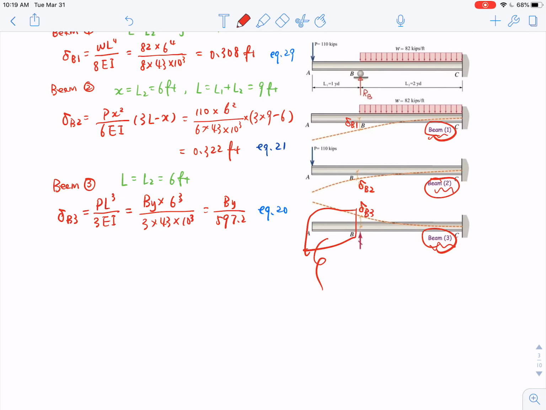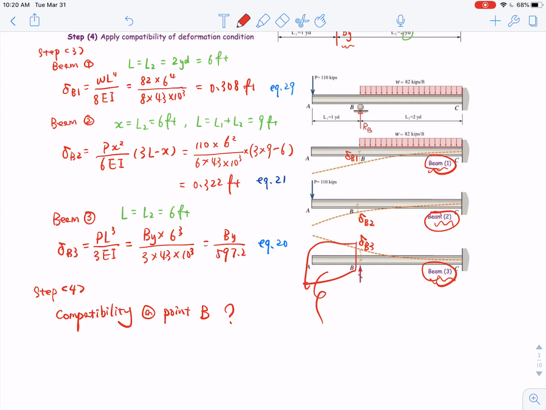Then there will be our step 4. In step 4 we will analyze the compatibility at point B. What is the compatibility condition? Just before we do this analysis, we need to identify the directions and the signs of these deflections.